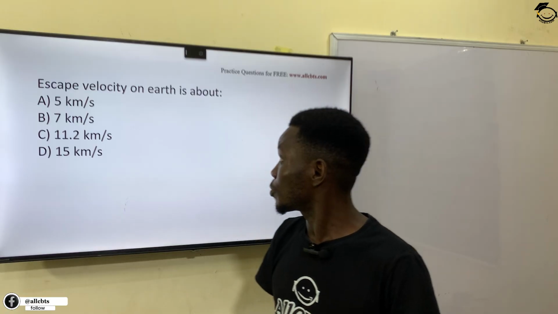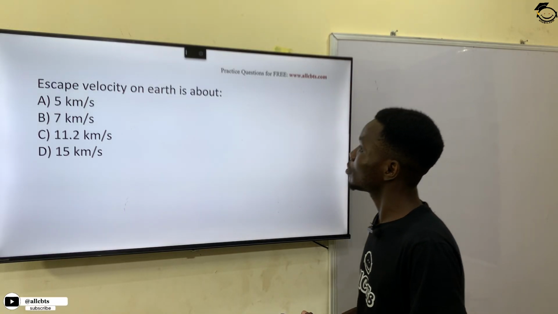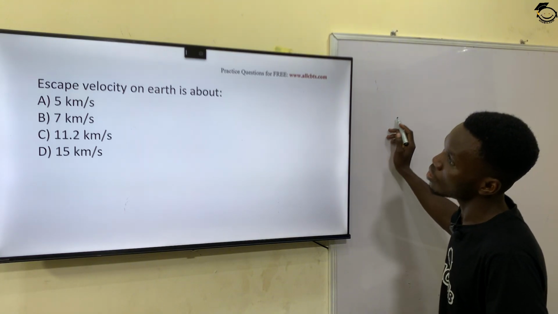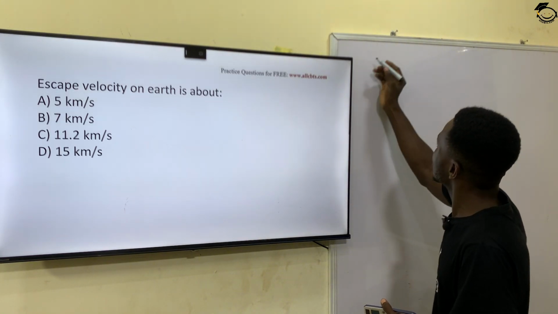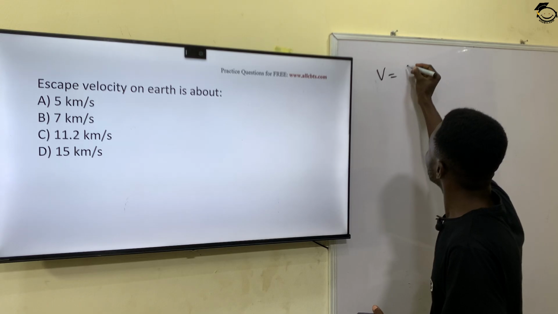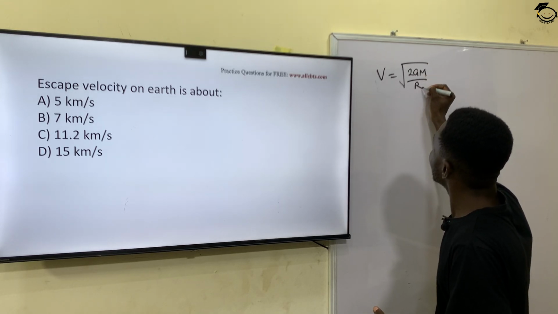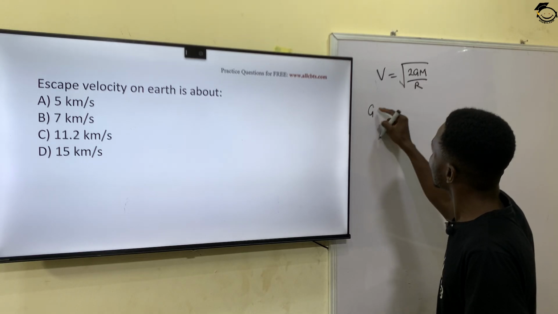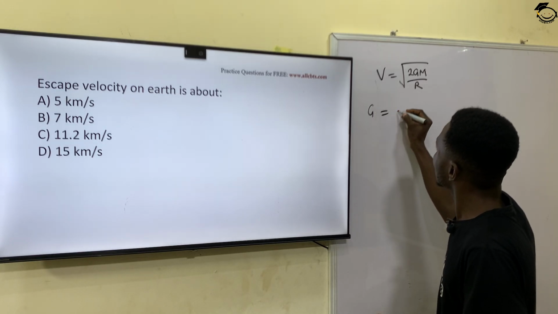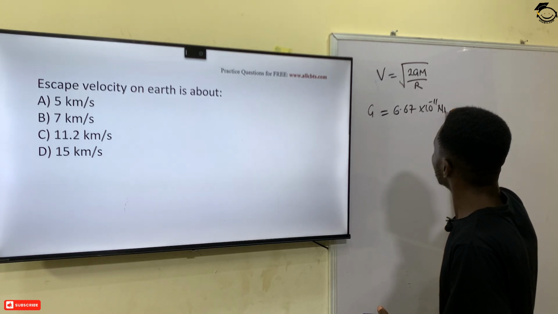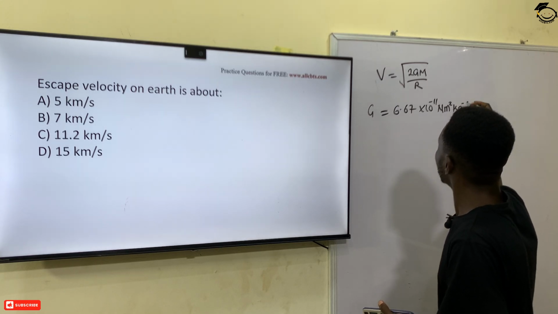The next question is: escape velocity on Earth is about dash. For us to find the escape velocity on Earth, we need the constants of Earth, since escape velocity is the square root of 2GM over r. The gravitational constant G is 6.67 times 10 raised to the power minus 11 Newton meter square per kilogram square.